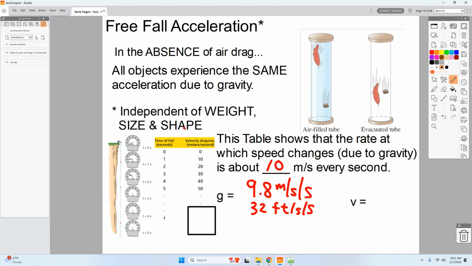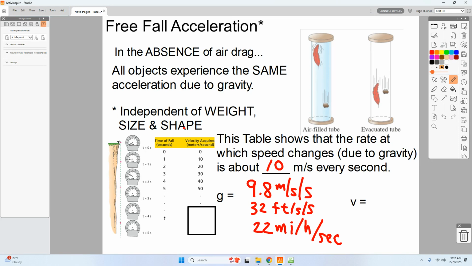So if I were to take my car 0 to 60 in 20 seconds and push it off a cliff and allow the earth to speed it up, it would change its velocity at about 22 miles per hour per second. What that means is that if the earth were my engine for my car, it would get to 0 to 60 in less than 3 seconds.